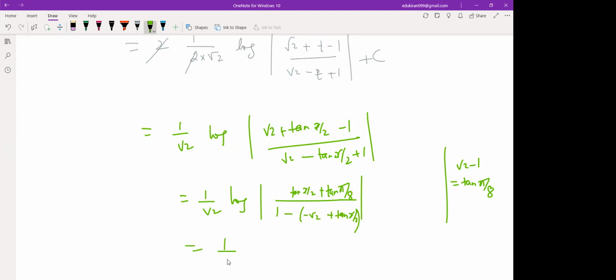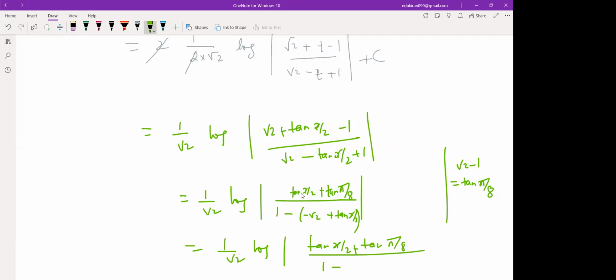Can we write it as 1 by root 2 log of tan x by 2 plus tan pi by 8 upon 1 minus, root 2 plus 1 is tan 3 pi by 8.